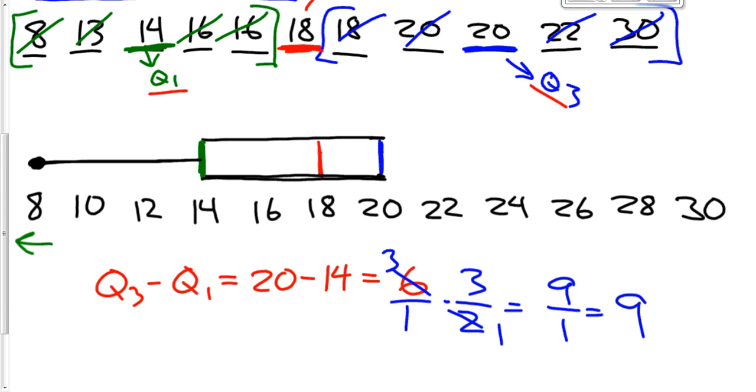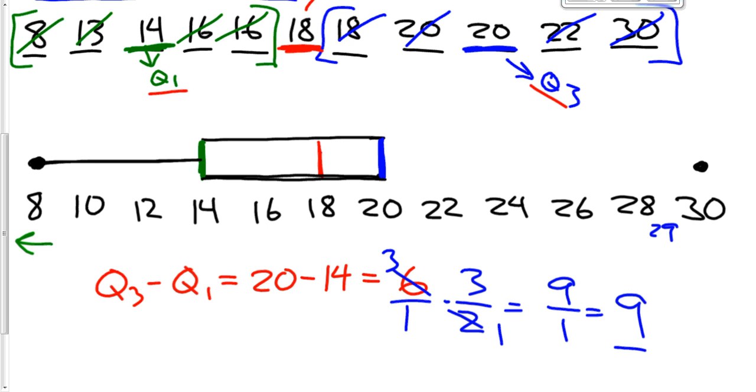Okay? All right, now, but if I take 9 and I add it to this 20, I get 29. Okay? Not all of my data fits in there. 30 is beyond 29. Right? So we would then consider 30 to be an outlier, which means we're just not going to extend a whisker to it.